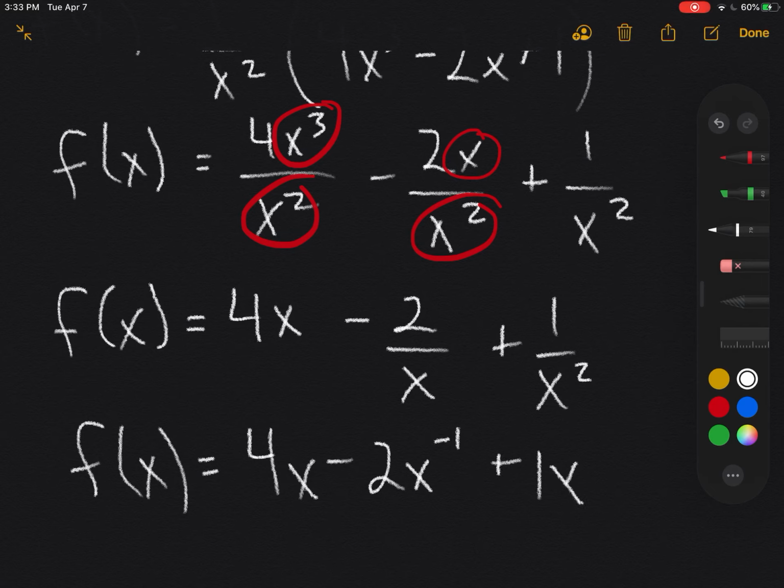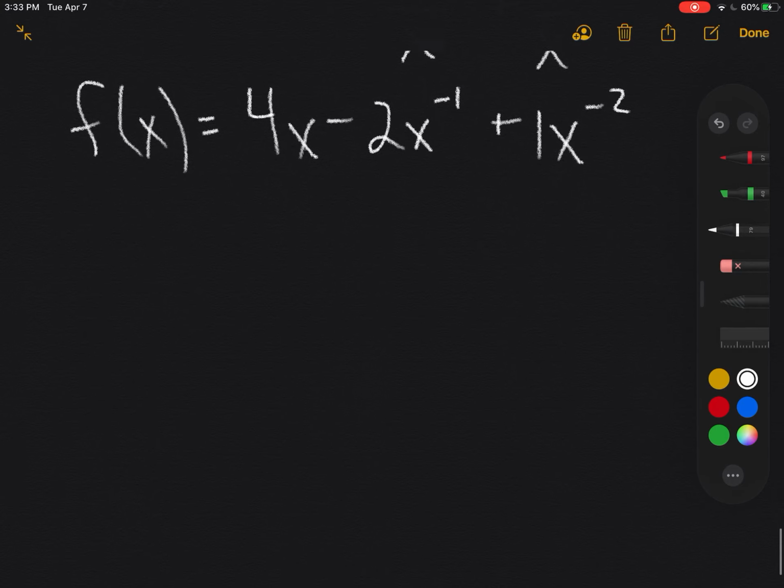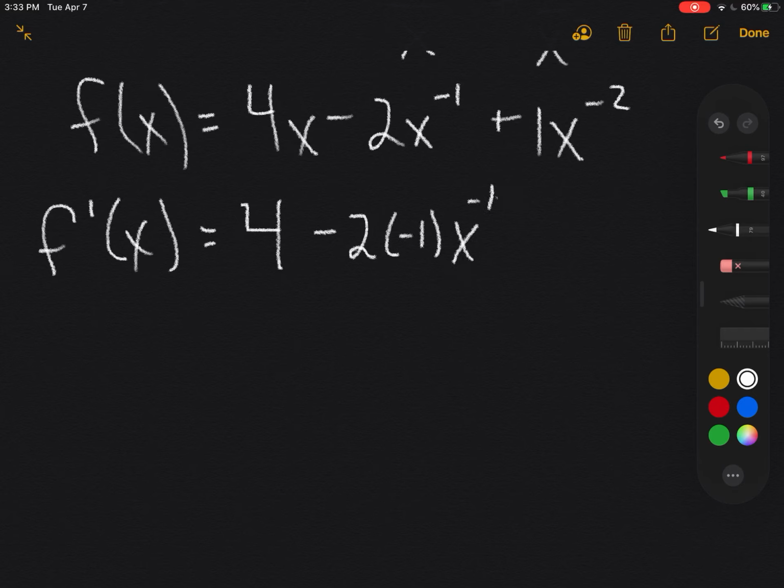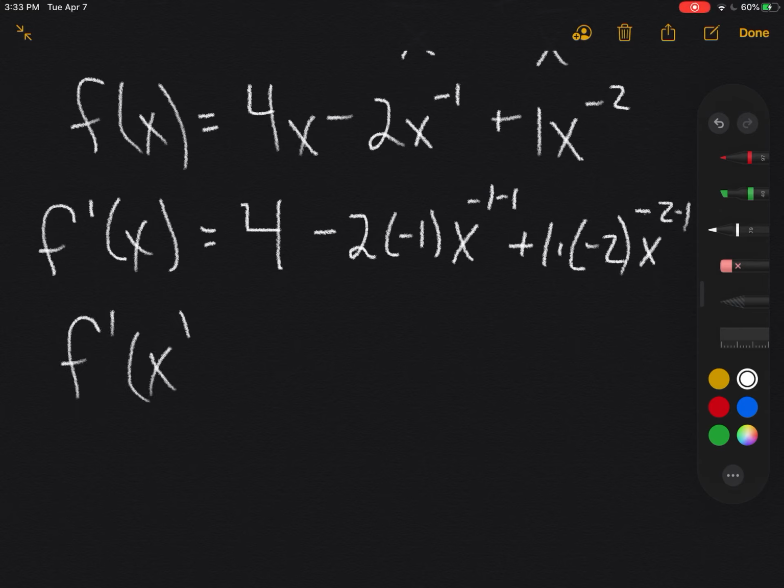Now I'm going to use my negative exponent law. I'm going to say minus 2x to the negative 1 plus 1x to the negative 2. Now I can use my extended power rule. F prime of x equals 4 minus 2 times negative 1, x to the negative 1 minus 1, plus 1 times negative 2, x to the negative 2 minus 1.